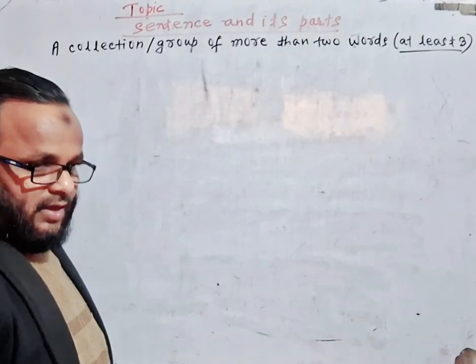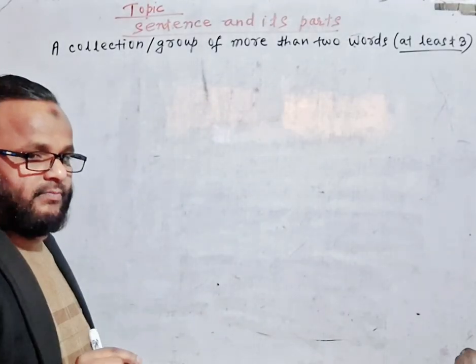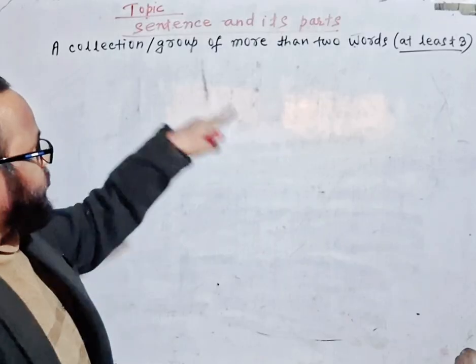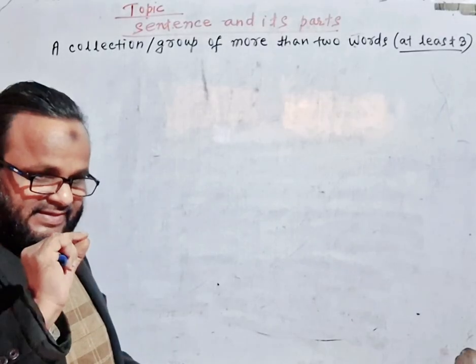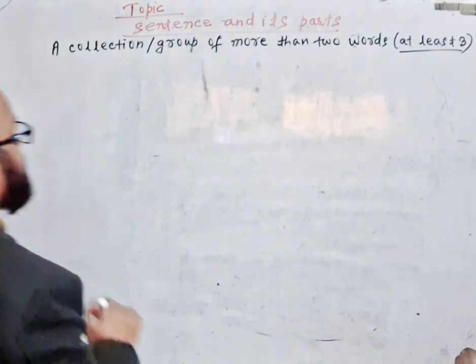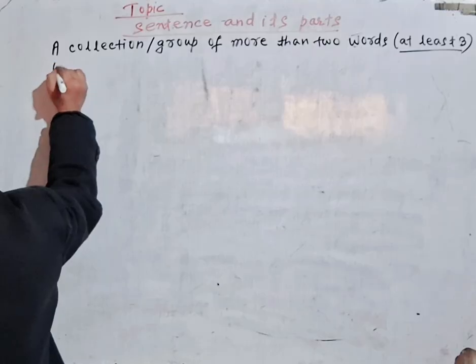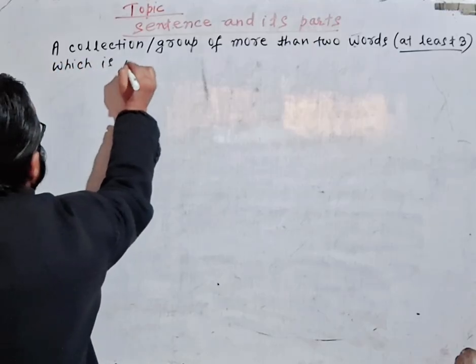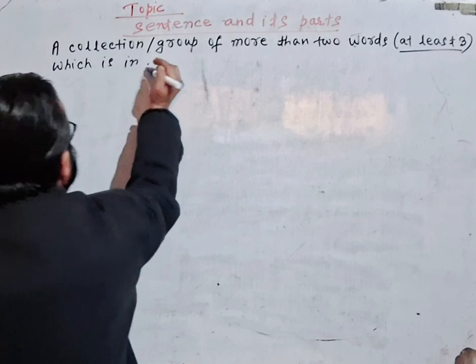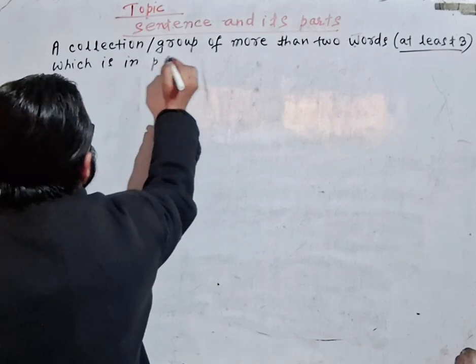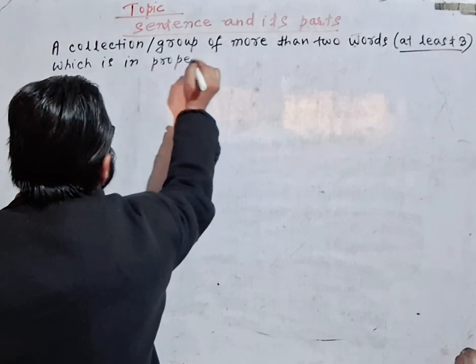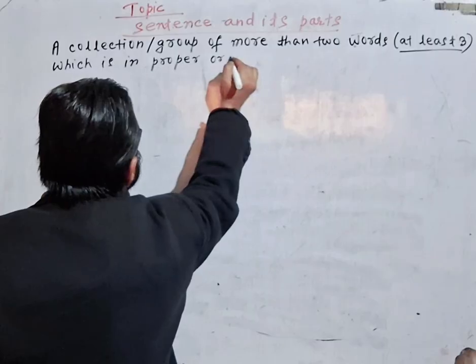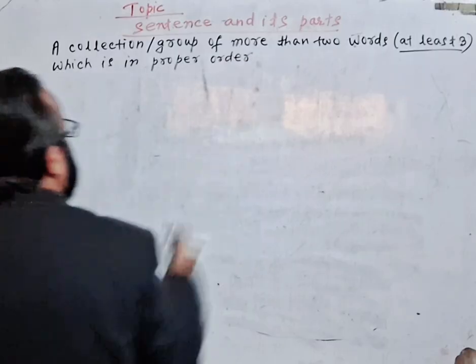Three. A collection, a group of more than two words, at least three, which is in proper order.